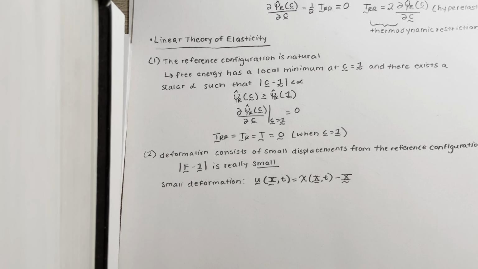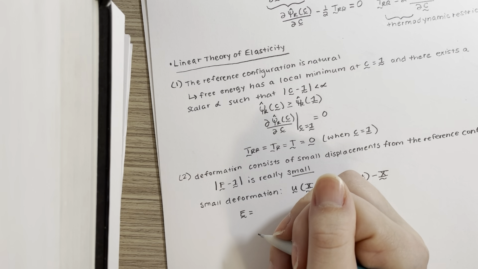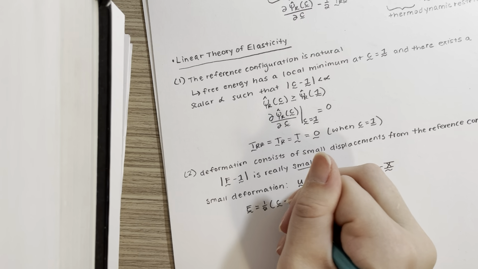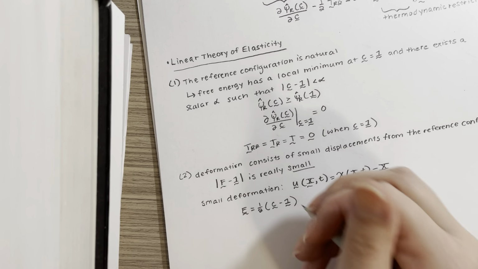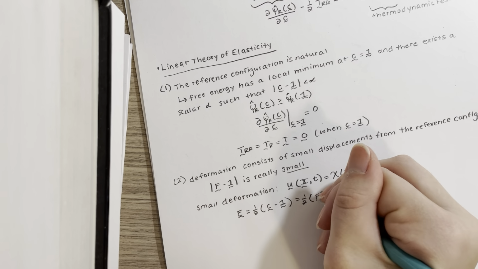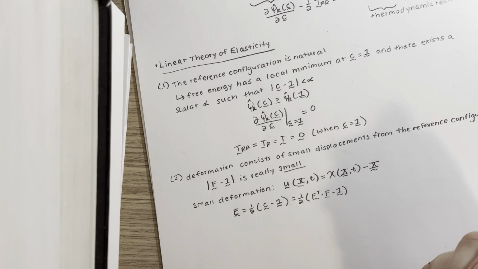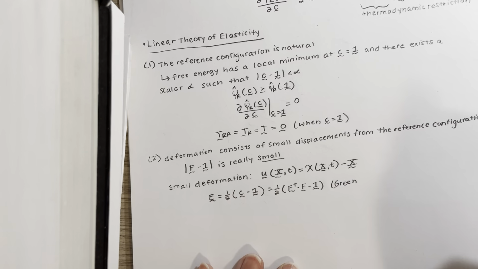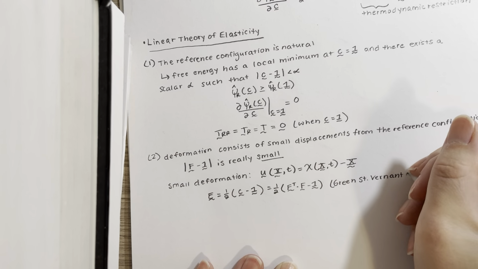And then again, as a review, as we discussed earlier this semester, we have our Green-St. Venant tensor, which is equal to 1/2 of C minus the identity tensor, which we can then rewrite as 1/2 of F transpose times F minus the identity tensor. So again, this is our Green-St. Venant tensor.